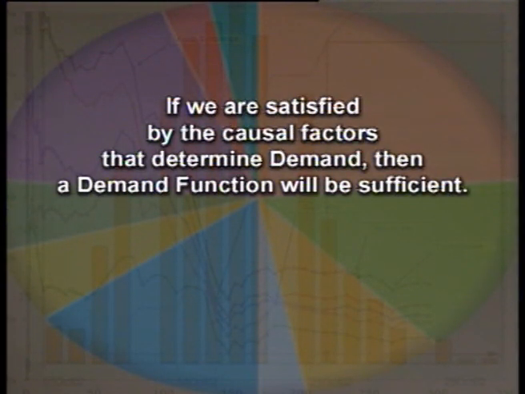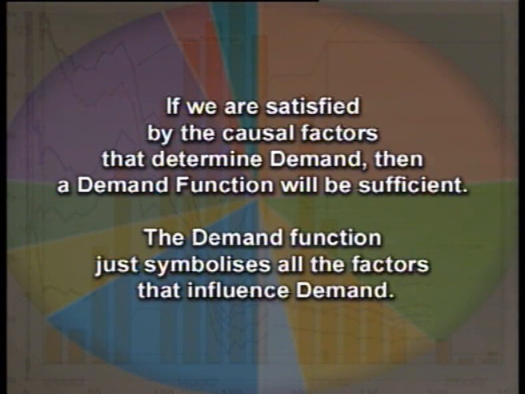If we are satisfied by just knowing what are the causal factors that cause demand, then a demand function will be sufficient, because the demand function does not give us precise quantities, but it just symbolizes all the factors that influence demand. On the other hand, if we want to know what are the various quantities that would be purchased at different prices, then we would have to use a schedule.